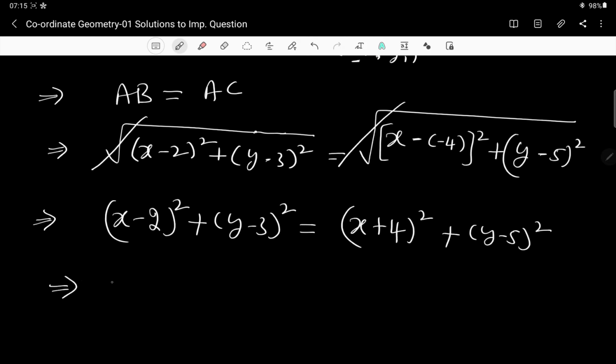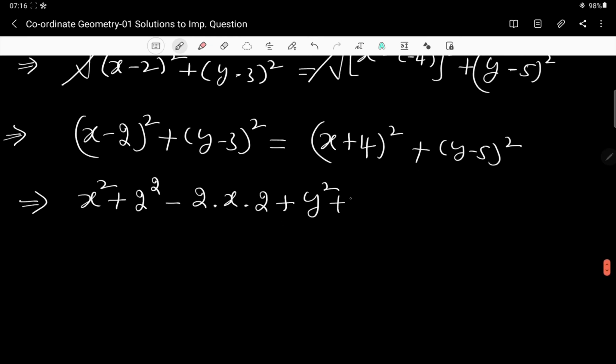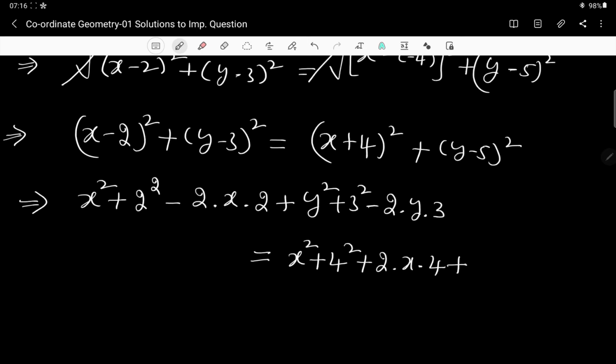So (a minus b) whole square means a square plus b square minus 2ab, where 2ab means 2 into x into 2. Similarly (y minus 3) whole square is a square plus b square minus 2ab. And that is equal to (a plus b) whole square, a square plus b square plus 2ab, where 2ab means 2 into x into 4, plus (a minus b) whole square, a square plus b square minus 2ab, where 2ab means 2 into y into 5.